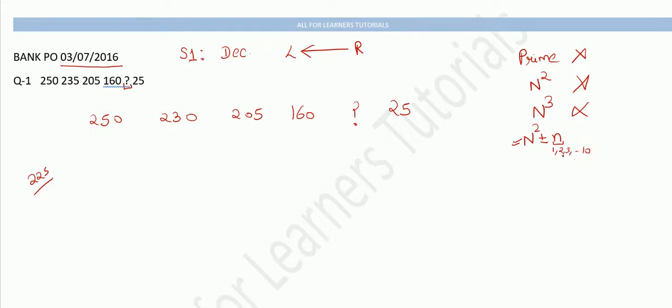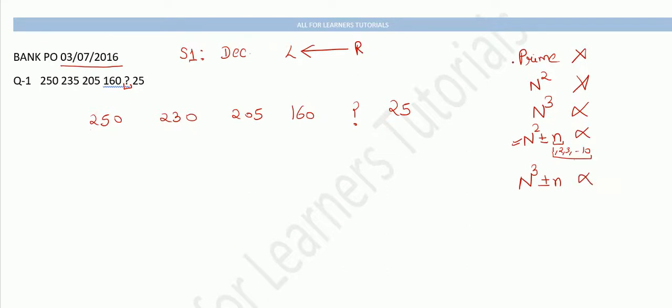Here the difference is 25, so we will consider that this is not the n square plus minus n series. Let's see whether it is the n cube plus minus n series. For 250, the nearest cube is also too far, so it is not even an n cube plus minus n series.